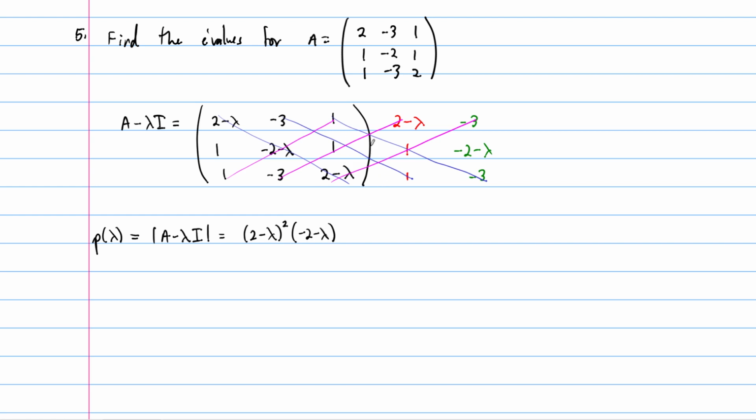Then plus a negative 3, so minus 3, plus another negative 3, so minus 3. And then it's minus all these products. So this one's going to be -3 times (2 minus lambda), and another one that's exactly the same, -3 times (2 minus lambda).